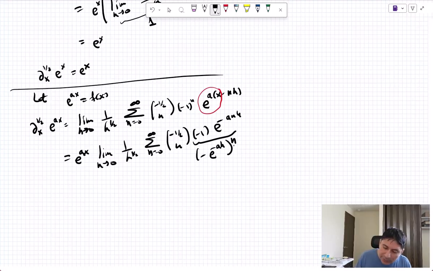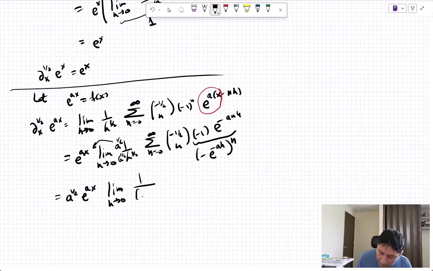Now, if I want to do the same trick as the one before, then I better multiply top and bottom by a to the 1/2, because then I can pull out the a to the 1/2, so I get a^(1/2) e^(ax), and I get the following expression for the limit: the limit as h goes to 0, 1 over (ah) to the 1/2, the sum from n equals 0 to infinity binomial(1/2, n) (-e^(-ah)) to the n, right?